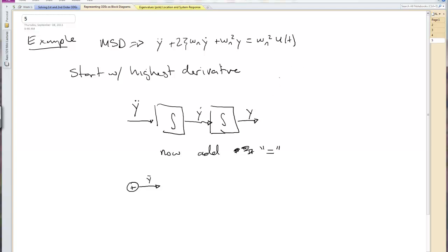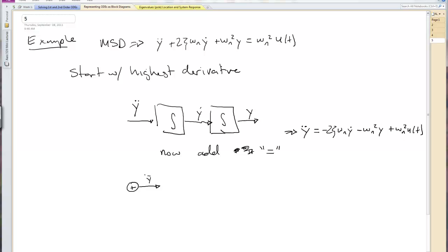Really what I'm doing here is starting with the highest derivative, so I know that y double dot has to be minus 2 zeta omega n y dot minus omega n squared y plus omega n squared u of t. So the summation is adding all these signals together.